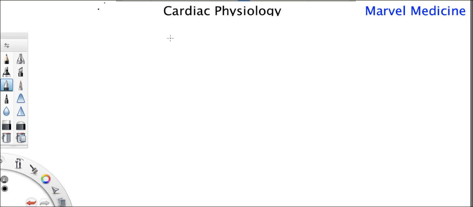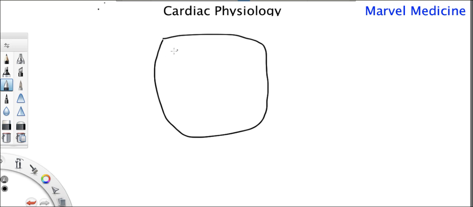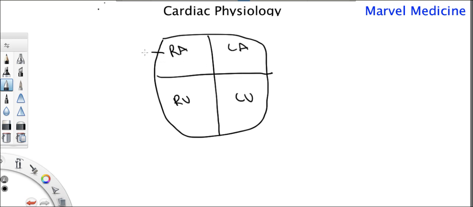Okay, so we talked about what can increase preload. Let's talk about what can decrease it, okay? So let's draw our same diagram here. And again, we have the IVC coming down, right?